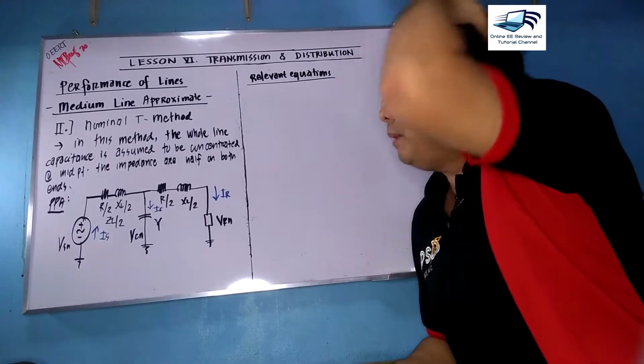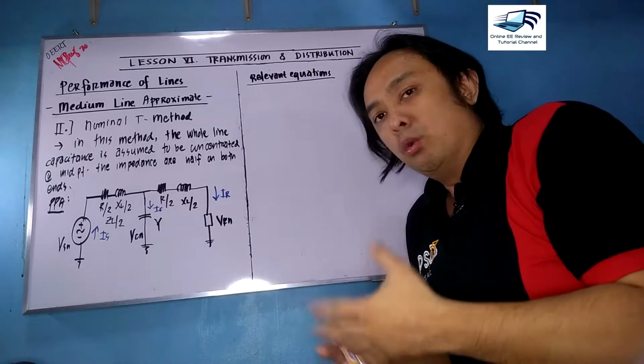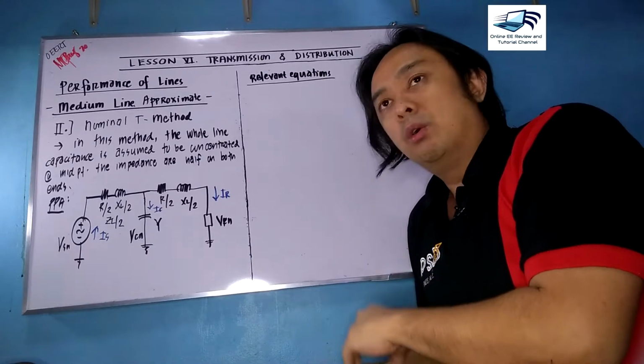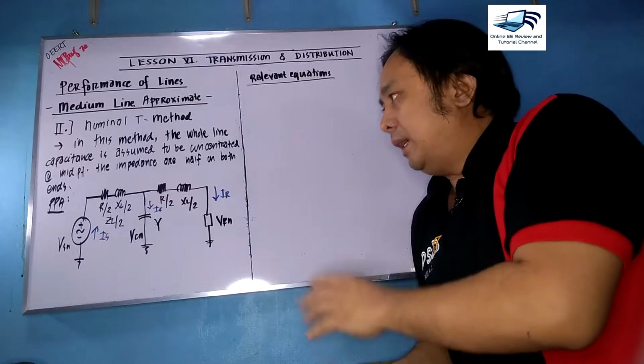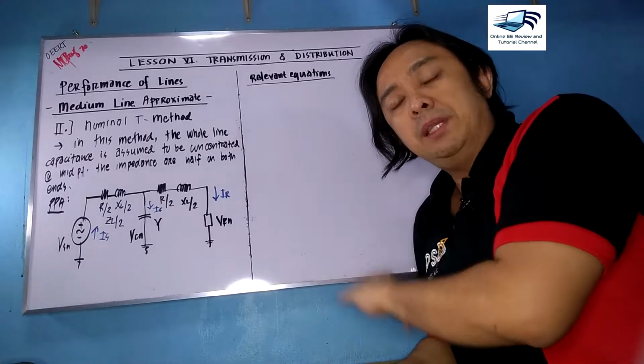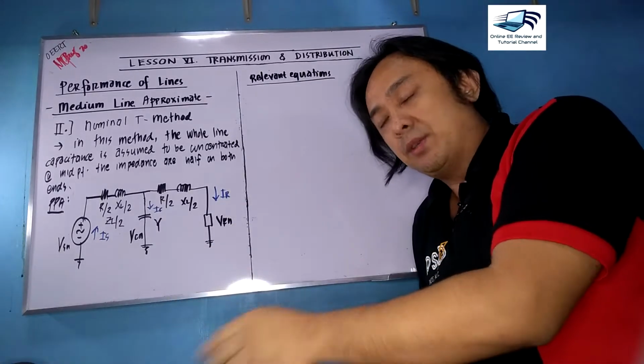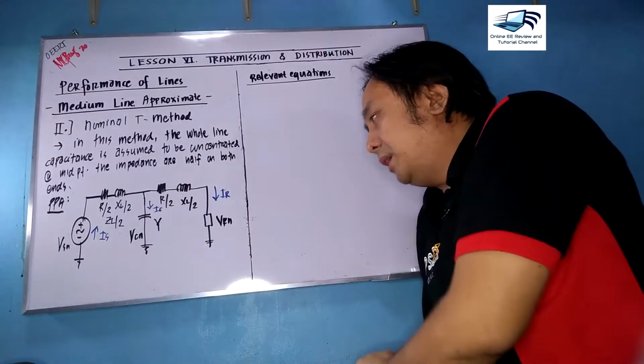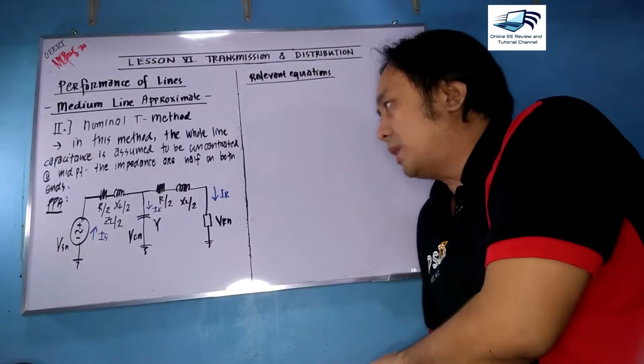So the nominal T method is a method wherein the whole line capacitance is lumped at the center or at the midpoint, and half of the impedance is lumped at the sending and the receiving end respectively, or concentrated on both sides.